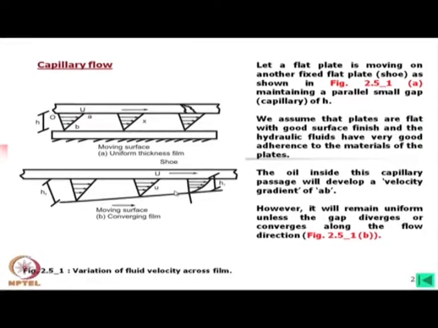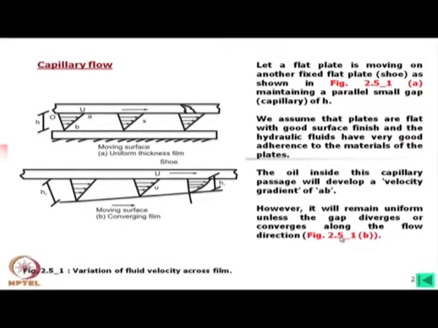Now, if I consider this is h2, this is h1, and if this velocity is u in both the cases, and (h2 plus h1) divided by 2 is equal to h, say, here you will find this triangle and this triangle will be the same.